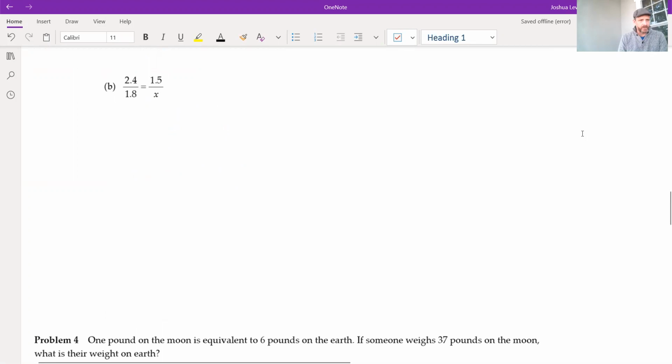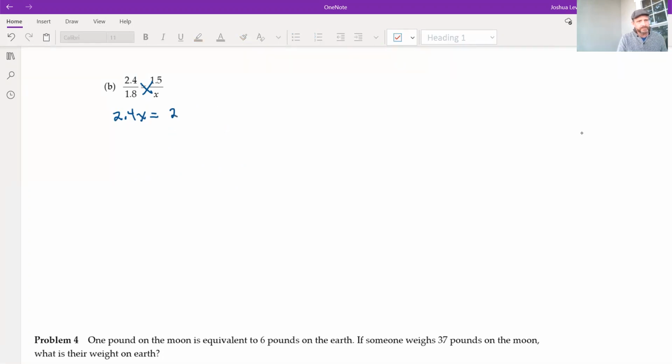Well, this is also a proportion. So we're going to, again, cross multiply. 2.4 times x is 2.4x. Do not worry that these are decimals. That doesn't change the procedure in any way. And then 1.8 times 1.5 is 2.7.